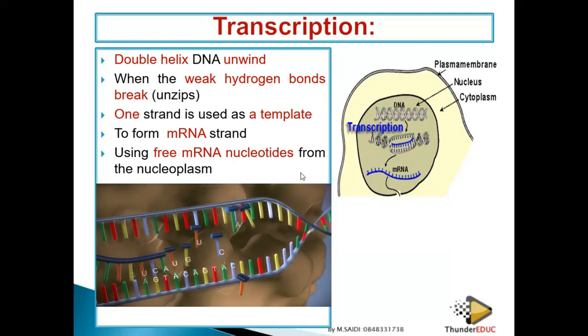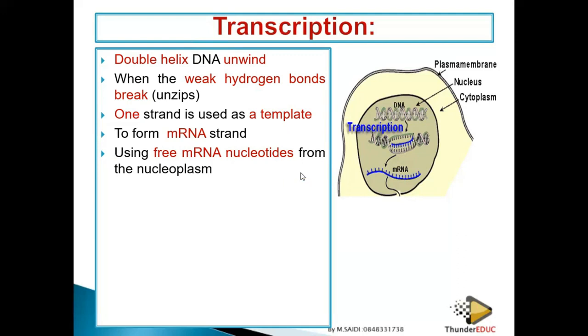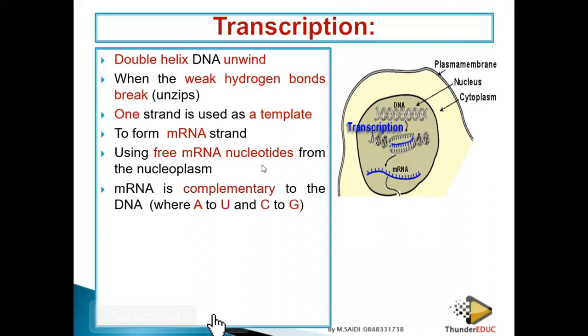Yes, so these free messenger RNA nucleotides which are floating in the nucleoplasm are the ones we use. If you just say using nucleotides, we'll cross it, because we have different kinds of nucleotides in the nucleoplasm. So you have to be specific: free messenger RNA nucleotides.